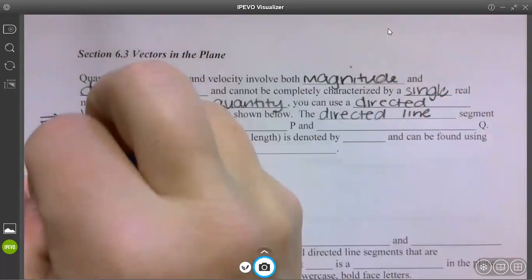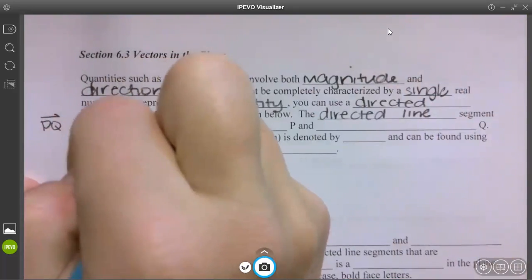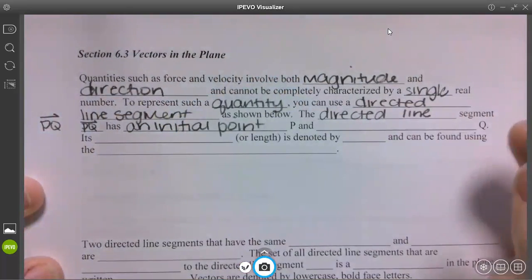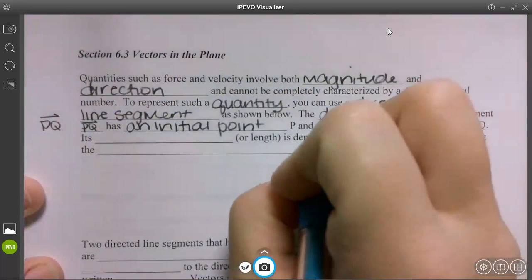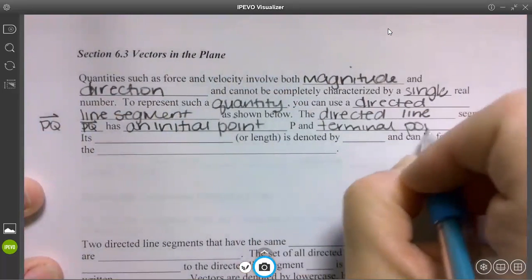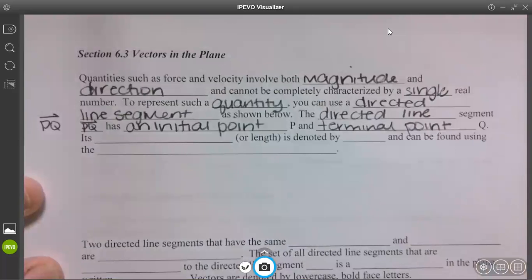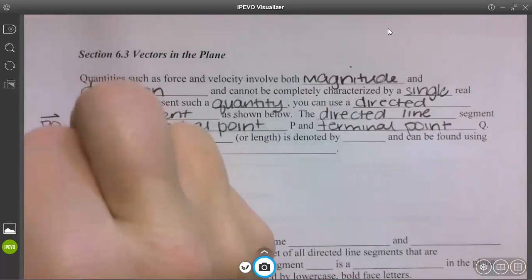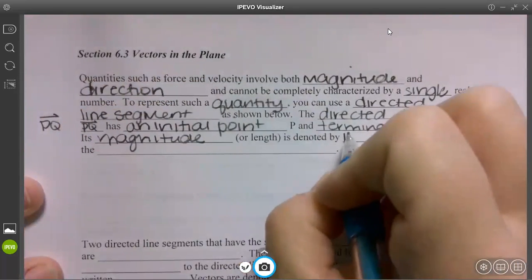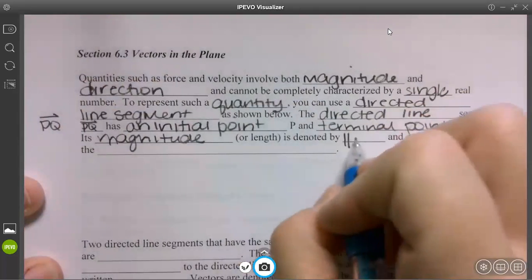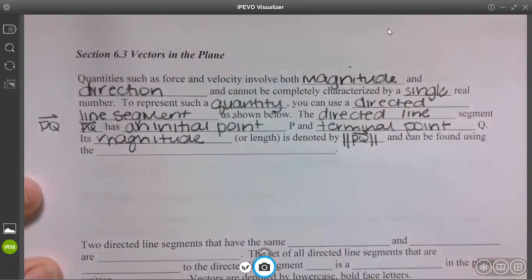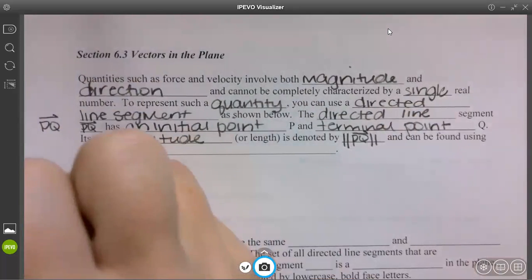Has an initial point P and terminal point Q. Its magnitude or length is denoted by, it's almost like absolute value bars, but double ones, PQ with that little symbol, and can be found using the distance formula.